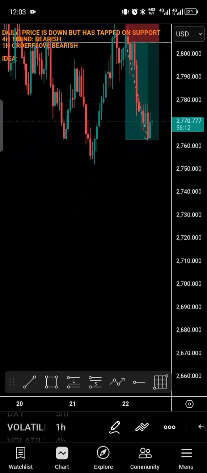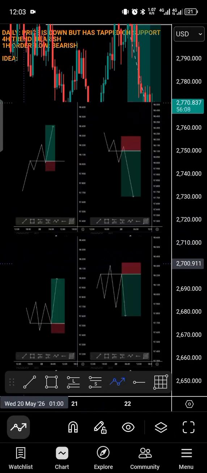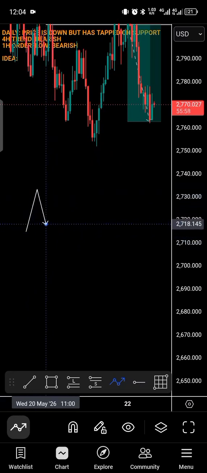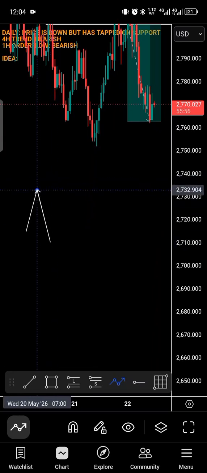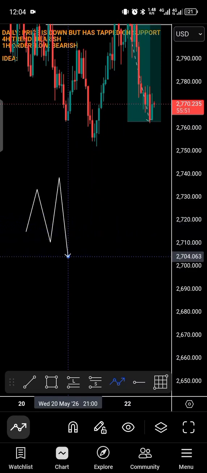So first of all, in the last post I made, I posted a picture of the different entry models, and then I did something like this: the sweep of this high, and then either break of structure or before break of structure.